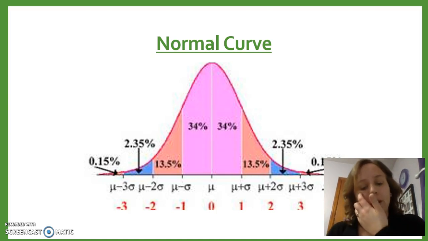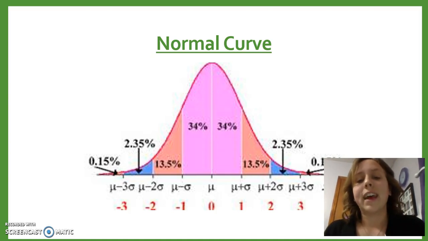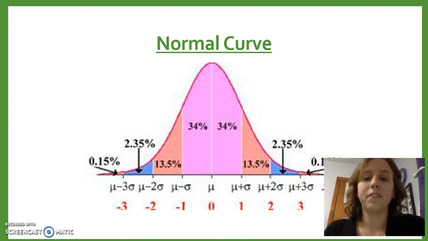Also from the empirical rule, we can assume that 95% of the data comes between two standard deviations left or right of the average. We get that by doing 13.5 plus 34 plus 34 plus 13.5, which is equal to roughly 95.